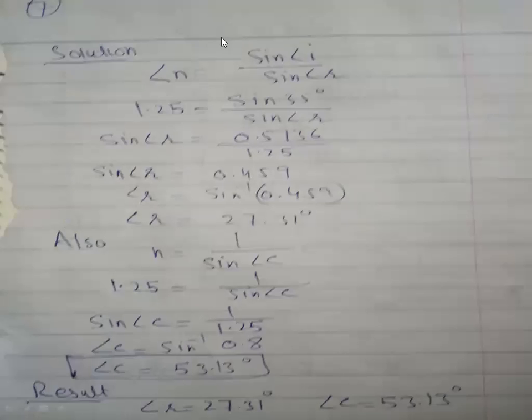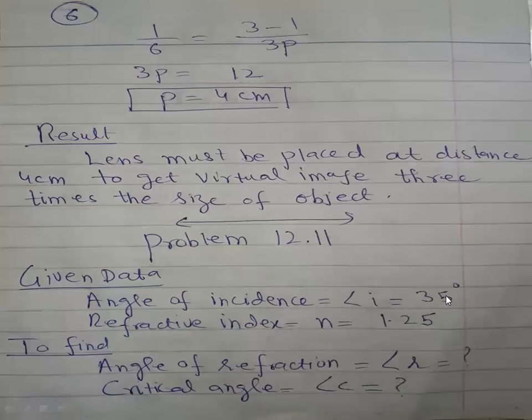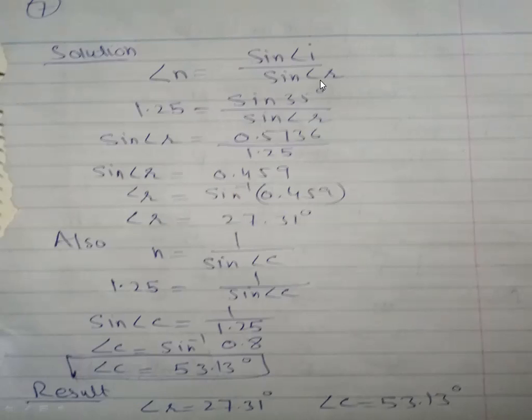Now I use this formula. Refractive index n is equal to sine i over sine r. Since the incident angle is given to me, which is 35 degrees, and n is given as 1.25, I'm plugging the values into this formula.